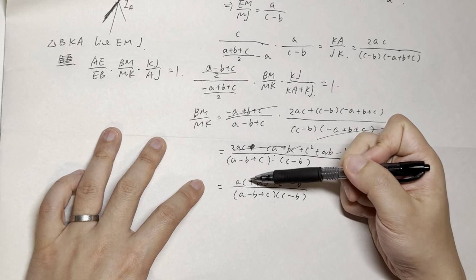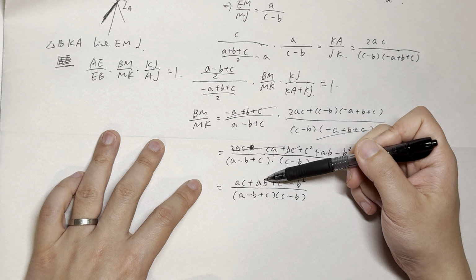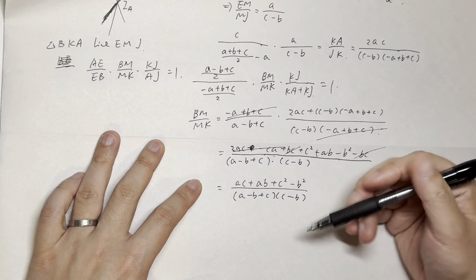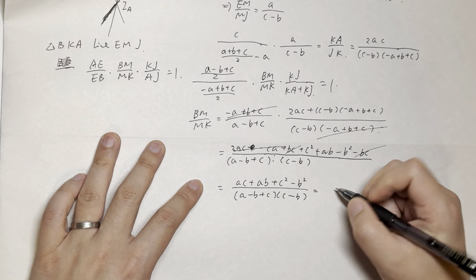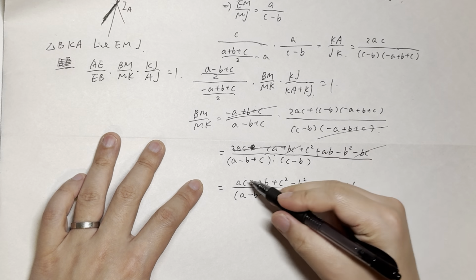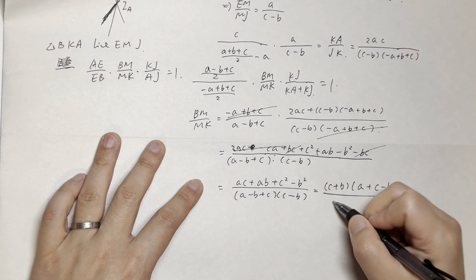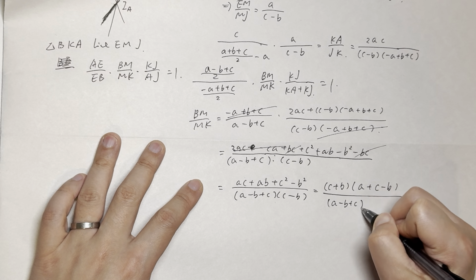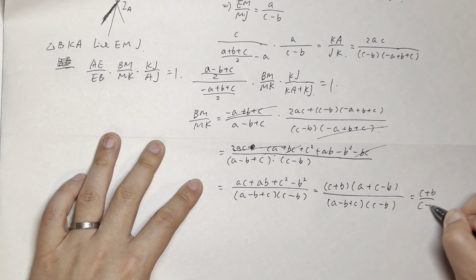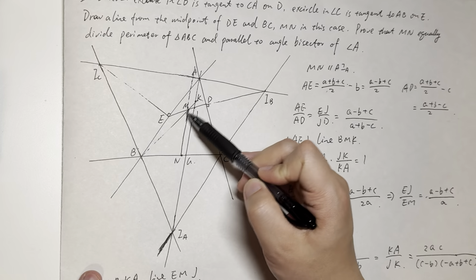So for this one we have A times C plus B, right? And for this one we have C minus B times C plus B, so we can extract the C plus B out, and the rest would be A plus C minus B, right? And divided by A minus B plus C times C minus B, which equals C plus B to C minus B, right? That is BM to MK.